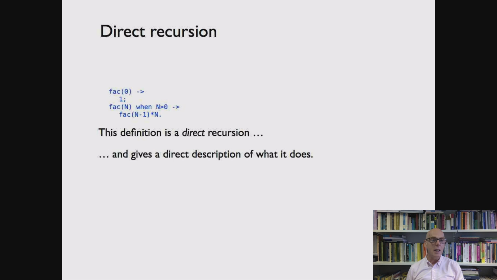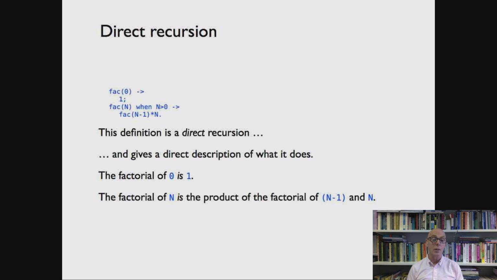Now, just to be clear, I just wanted to reiterate what I said earlier on about this being a direct description. If you look at the definition, I call it direct because it gives a direct description of what it does. We can read those as saying the factorial of 0 is 1. The factorial of n is the product of the factorial of n minus 1 and n. It's a description of what factorial is.